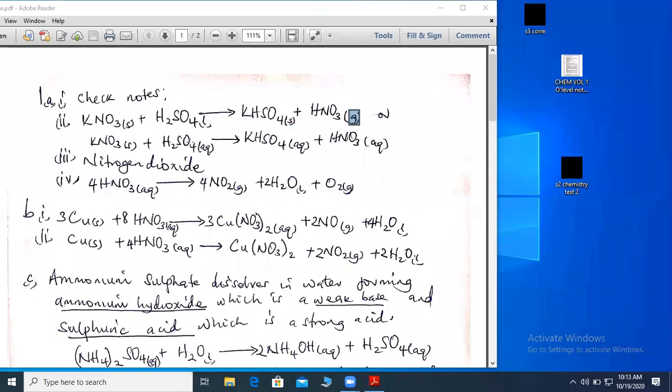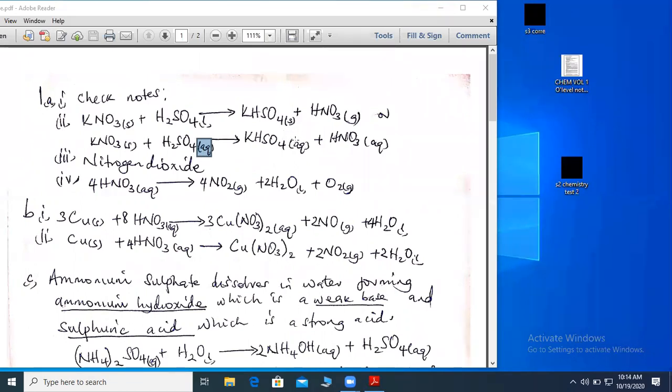However, if we use concentrated sulfuric acid which is diluted with some amount of water, then the state for potassium hydrogen sulfate is going to be aqueous, because you are using sulfuric acid which contains some water.